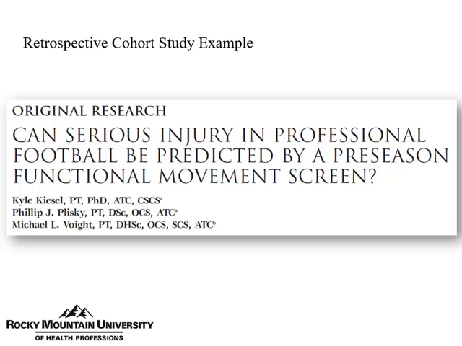One, their operational definition of an injury. It's always important to remember the operational definition of an injury. They had an operational definition that somebody had to have an injury that caused 3 or more weeks of time lost from sport. So that shows a level of severity, right?